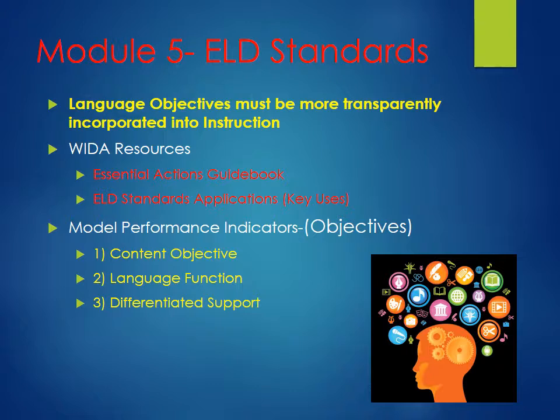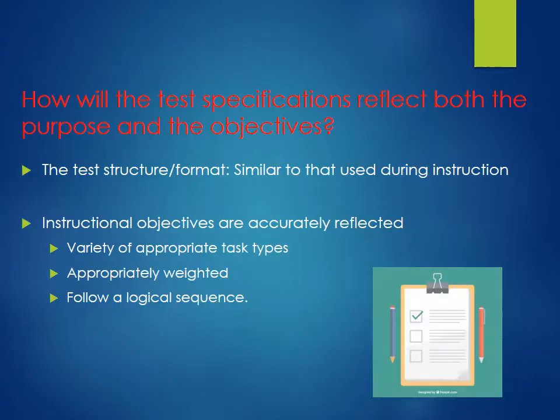You already are familiar with the can-do statements, which are very similar to the standards. And what we will do in Module 5 is learn how to create objectives for our instruction and therefore for our assessments that incorporate not only content but also language and differentiated supports.